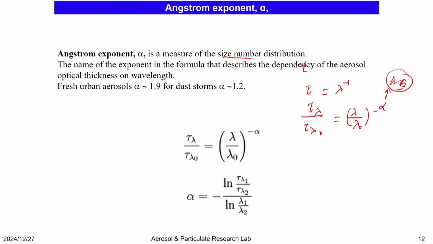A larger alpha means fine particles, like you have mostly in urban areas, and a smaller alpha means coarse particles, like in dust storm conditions.